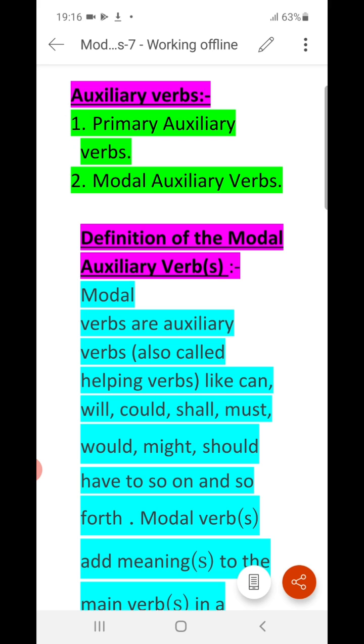Look at the definition of the modal auxiliary verbs, as we are not concerned over here with the primary auxiliary verbs.